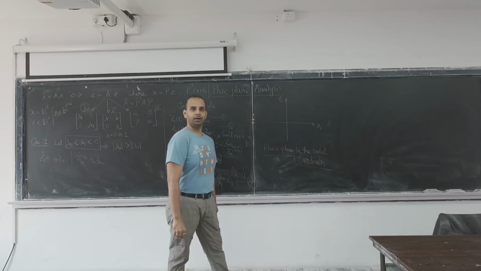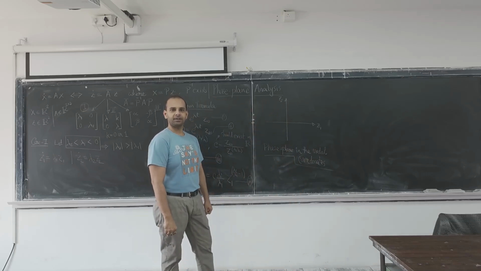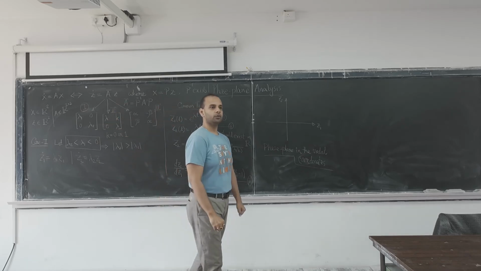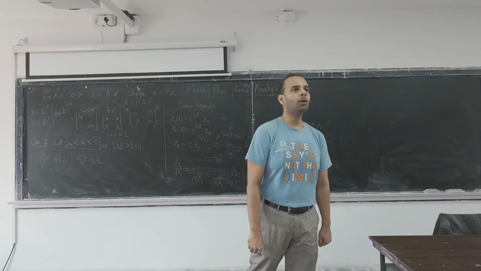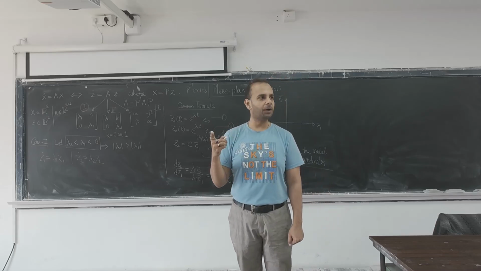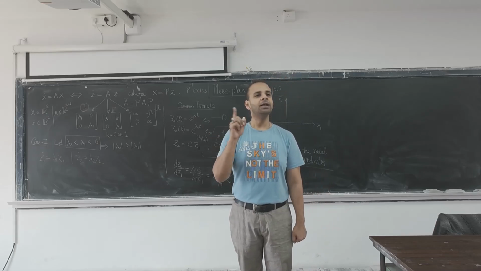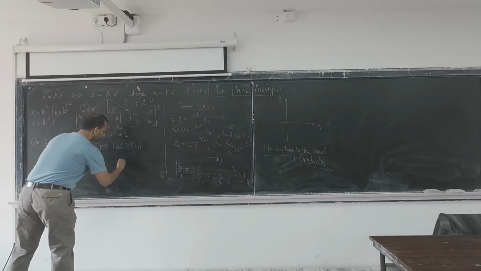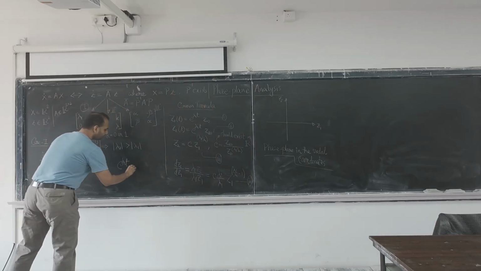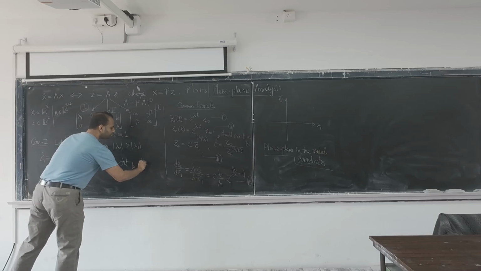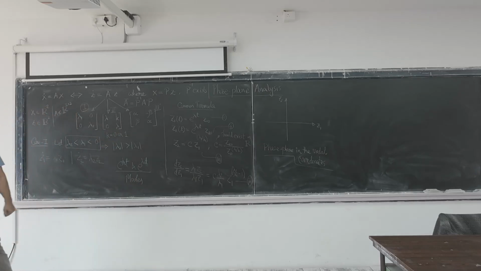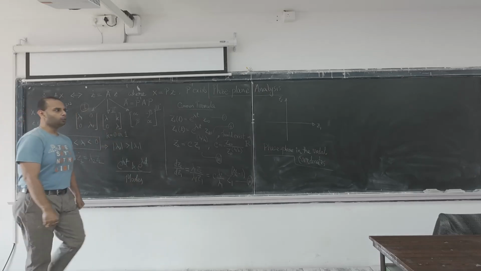Why modal coordinates? Because after diagonalization, this diagonalized representation is also called the modal representation. Why? Because e to the power lambda 1t and e to the power lambda 2t are the modes of the system, right? What do you mean by modes?